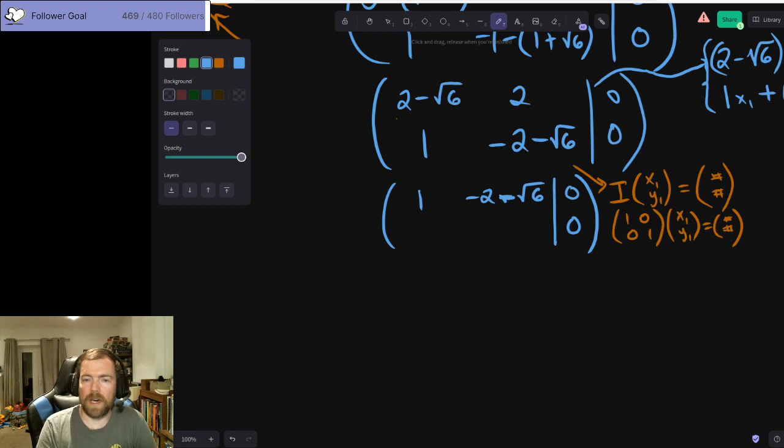And again, the goal is to get a 1 in the top left corner and a 0 underneath it, and a 1 in the bottom right corner and a 0 above it, so that you only have one of each thing. Again, identity matrix.